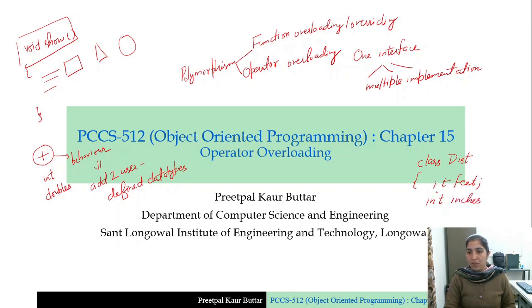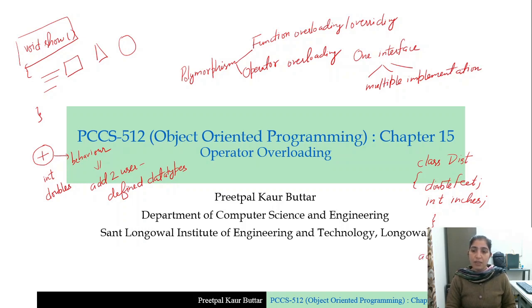I think it is not int feet, it is double feet. Okay, so this distance class has two variables. If we want to add two instances d1 and d2 of this class, then we need to define an add function, right?